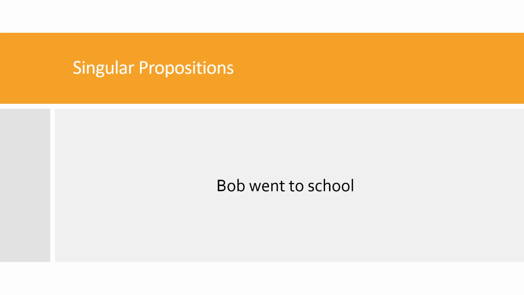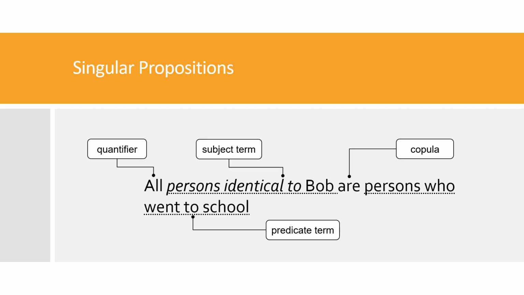So what do I have to do? Again, the first step is to make it a universal claim. So I'm talking about every conceivable Bob, but I mean only this one of them, since there's only one of them. And of course, what this translates into then is this. What we get then is something like all persons identical to Bob are persons who went to school.